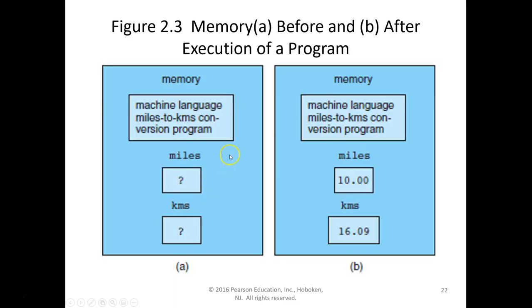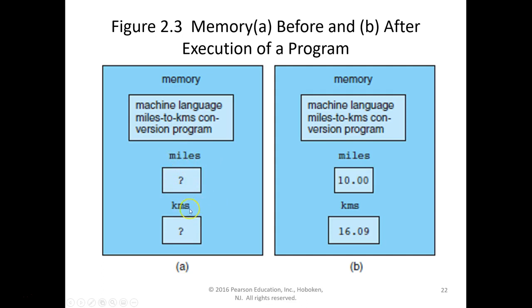Okay, so this is an example of memory before and after execution of a program. So here you have a machine language mile to kilometer conversion program. So first of all, you have to assign a memory location to the variable you just created.